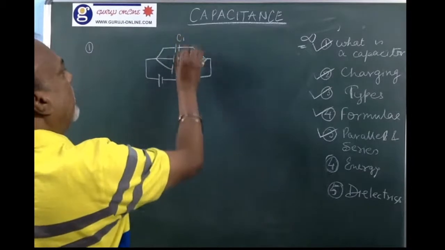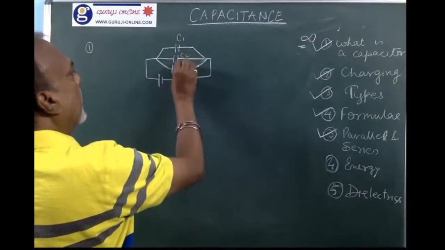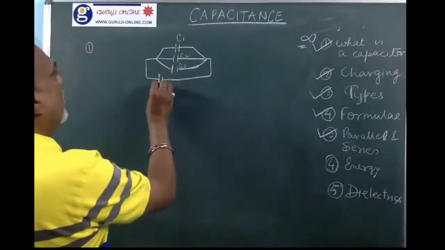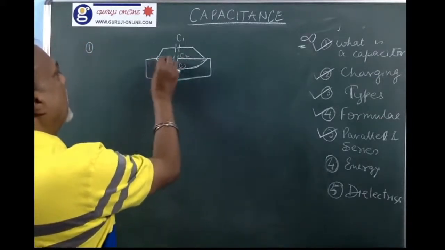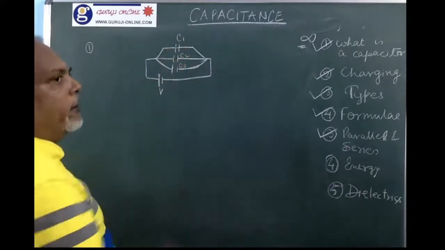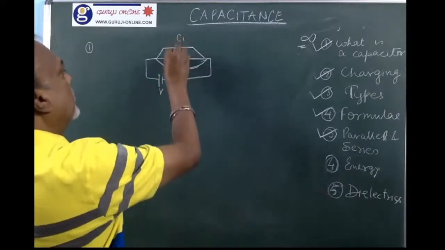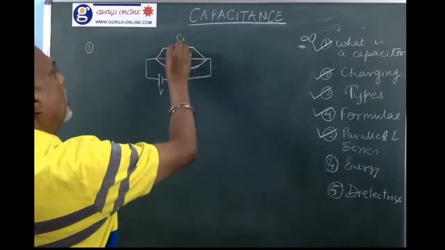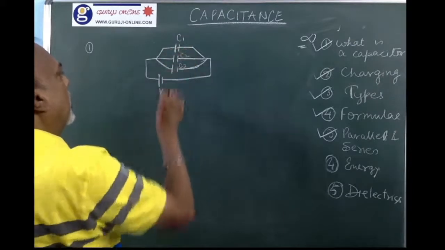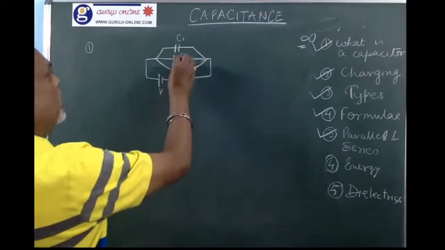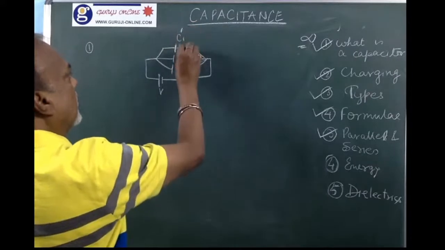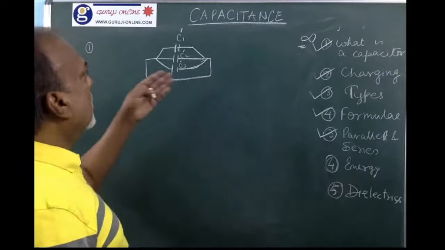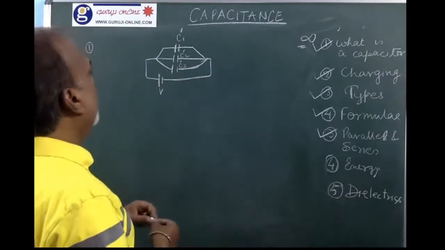Suppose this is C1, this is C2, and this is C3. But here, let us see, whatever V is there, this terminal is attached to all these three equally. Means these capacitors are at equal potential.